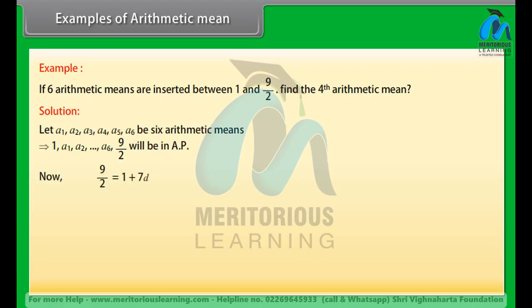Now 9 by 2 is equal to 1 plus 7D. It implies 7 by 2 is equal to 7D. It implies D is equal to 1 by 2. Hence, A4 is equal to 1 plus 4 into 1 by 2 is equal to 3.